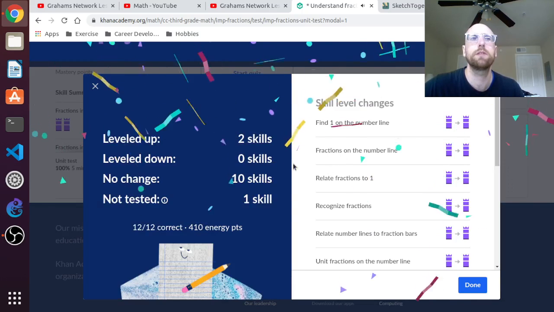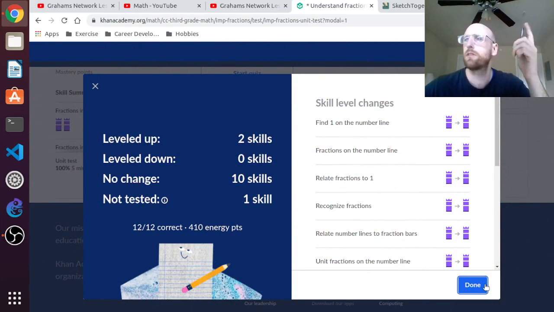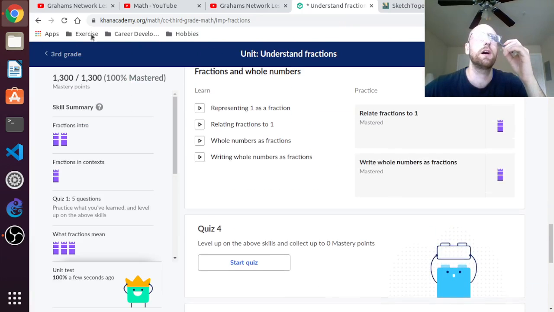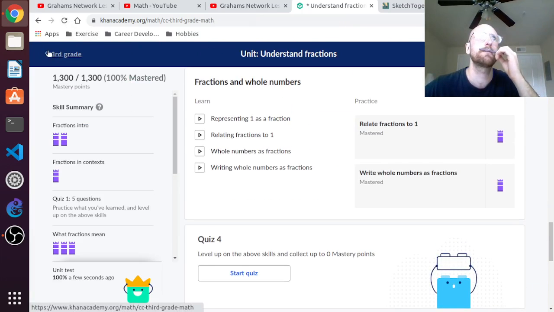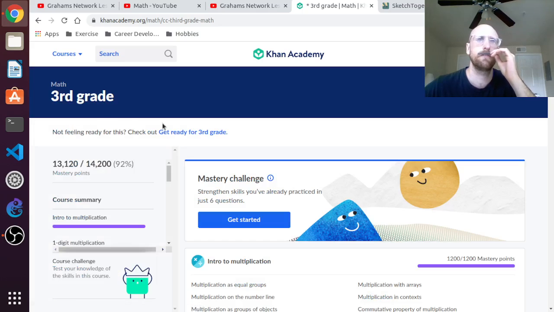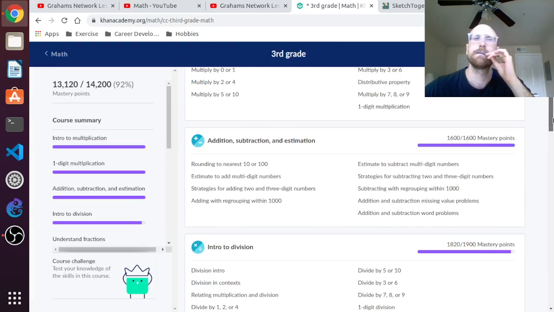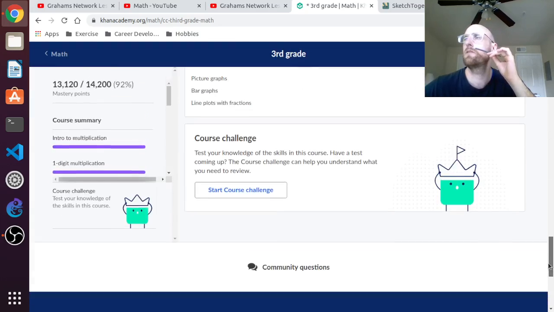All right, it looks like they still haven't tested me on one of the skills, but I'm now at 100% mastery, which was the goal. So let me get that nice 100% popping up there before I move on. Oh, you know what? It was 100% mastery in one of these units.